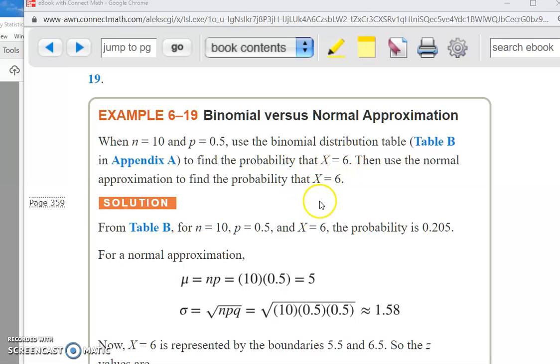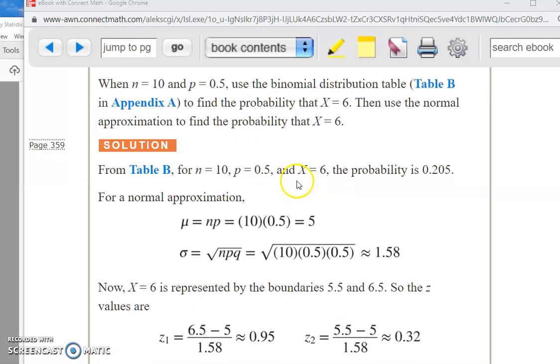So the number of successes is 6. Then use the normal approximation to find the probability that x is equal to 6. So how good of a job does the approximation do? Okay, so n is 10, p is 0.5, x is 6, the probability is 0.205. That's from table B. Well, how did that happen, right?